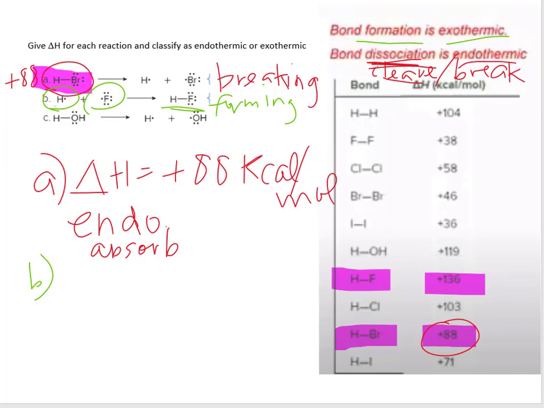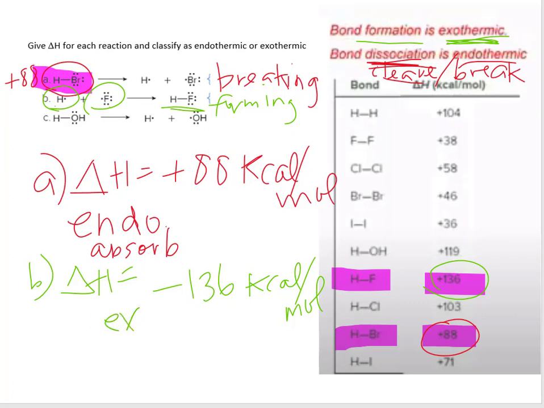So this is always looking at endothermic. Yes, it says that it's positive, but because it's forming and exothermic, we're just going to flip that sign. So we're going to say that my delta H is negative 136 kilocalories per mole. It's exothermic, and that means the energy is being released.